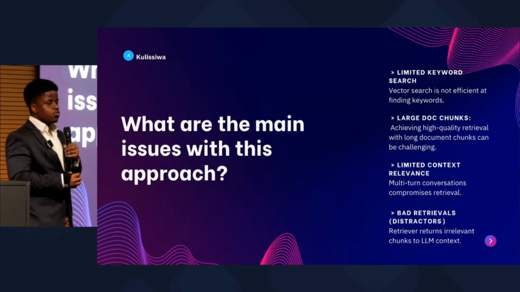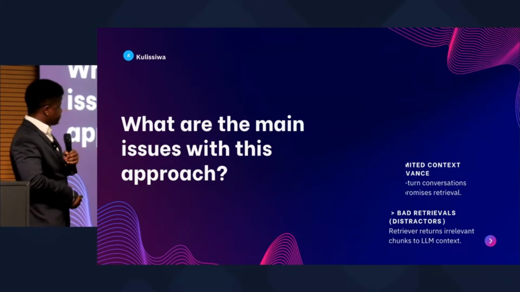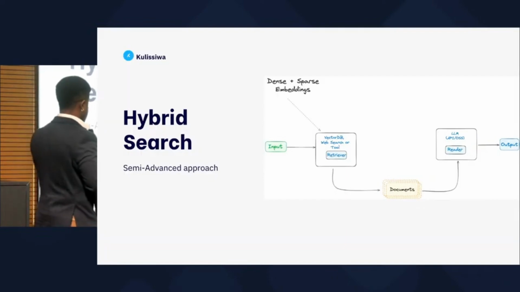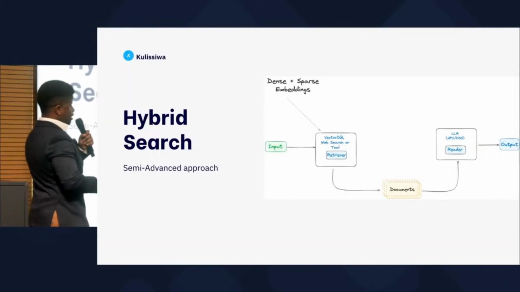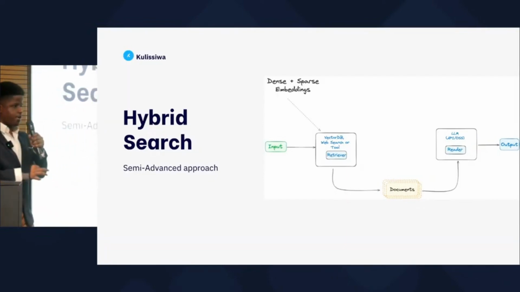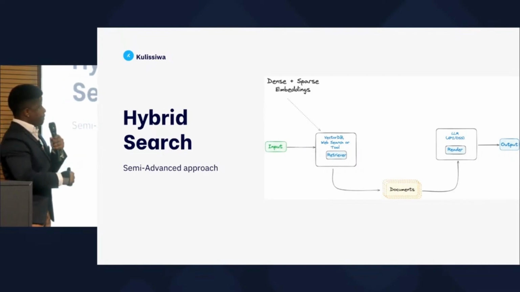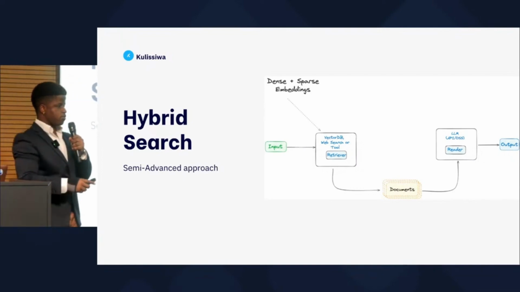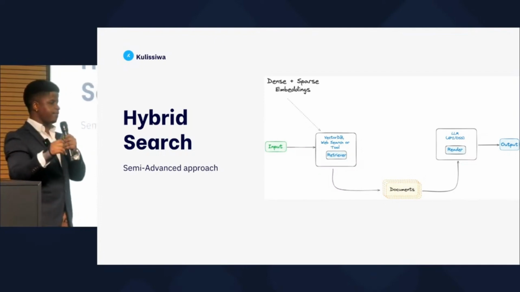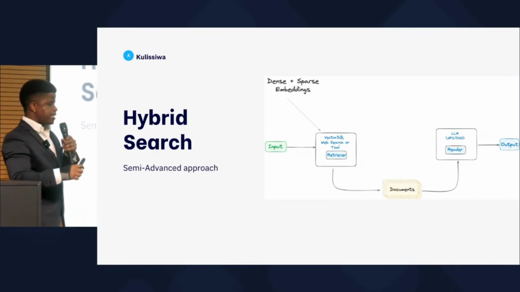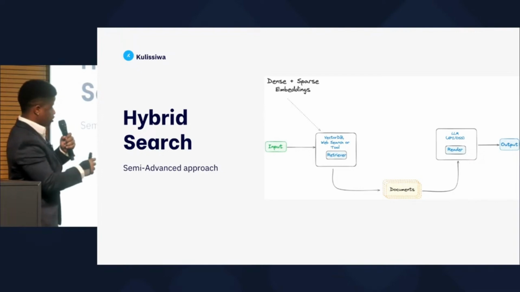So how do you address these? One way is to use hybrid search. With hybrid search, you have your normal dense embedding model, OpenAI text-ada or text-embedding-3, and so on. But then you have another type of model called BM25. It creates sparse embeddings where you can actually embed certain keywords.